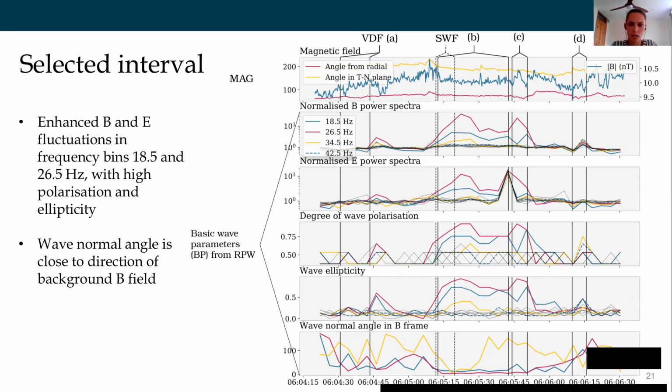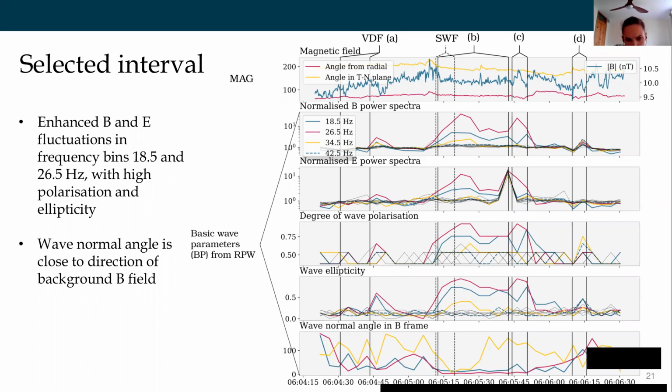So if we look at normalized magnetic field power spectra, so normalized means just divided by the value along this interval. And so different lines, they show properties of different frequency bins. And so we see that there are enhanced magnetic field fluctuations in the frequency bin of 26 Hertz and 18 Hertz.